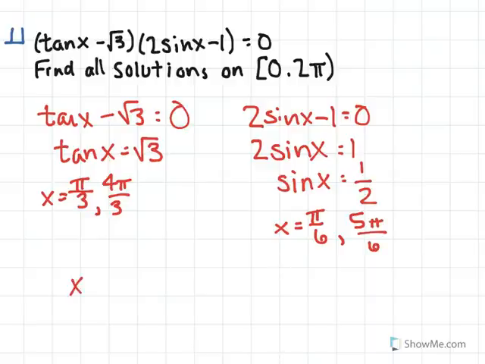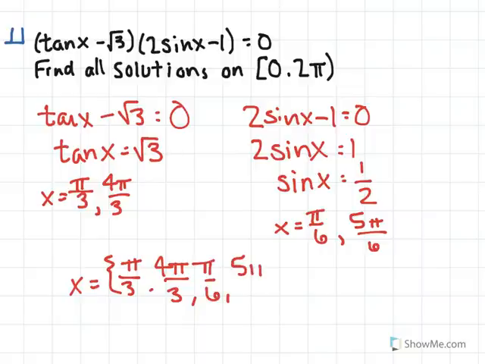So our final solution for all possible values of x on 0 to 2 pi that satisfy that equation would be pi over 3, 4 pi over 3, pi over 6, and 5 pi over 6.